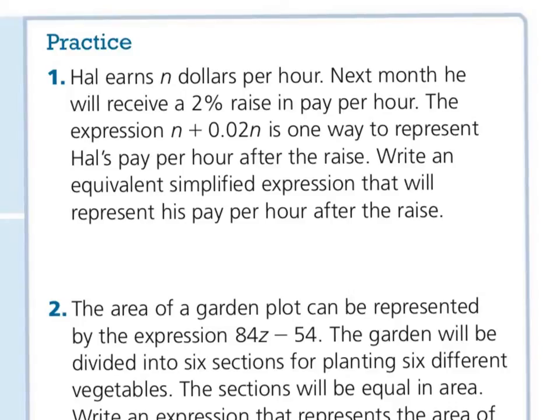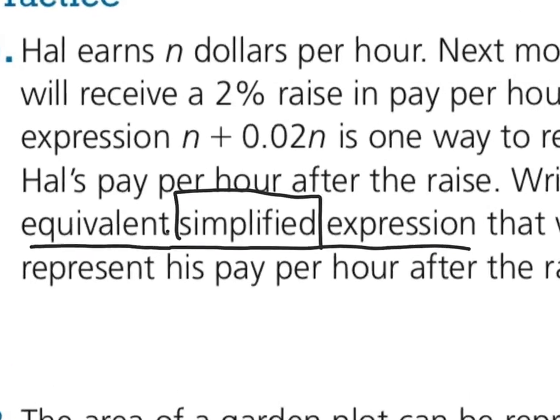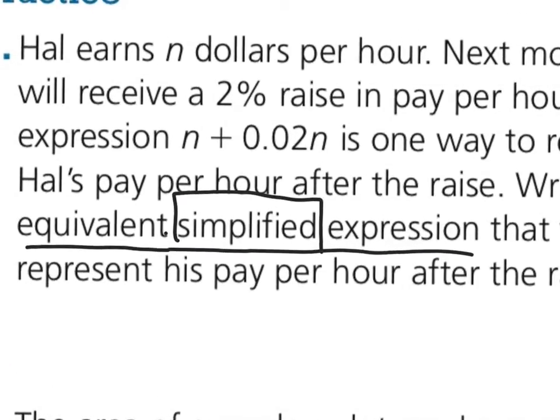So they were pretty specific here. Not only did they say an equivalent expression, they said an equivalent simplified expression. So that means any like terms that we have, we need to make sure we combine together for our answer. This one, we've got the N plus 0.02N. The N has nothing in front of it, which means we could put a 1 there.